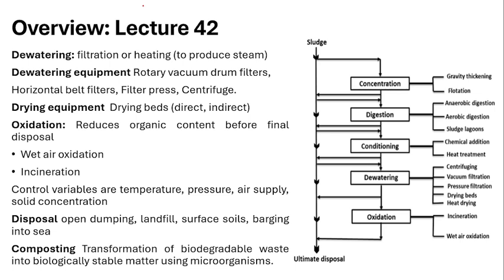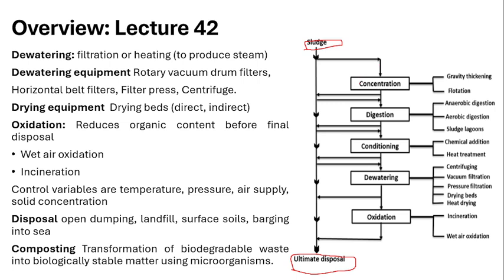So in the lecture 42, first this is the sludge production to sludge disposal steps involved. So if you clearly see, once the sludge is produced, before disposing the sludge, lot of steps are undergone to treat the sludge. Okay. So the first step is the sludge concentration.